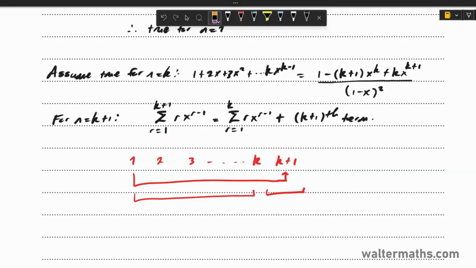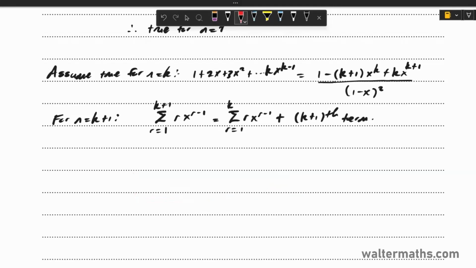You understand why we are doing that, because we will need to make use of the assumption that we got previously. Let's continue. From the assumption, this is equal to 1 minus (k plus 1) of x to the k plus kx to the k plus 1, all over 1 minus x all squared, plus the k plus 1th term.